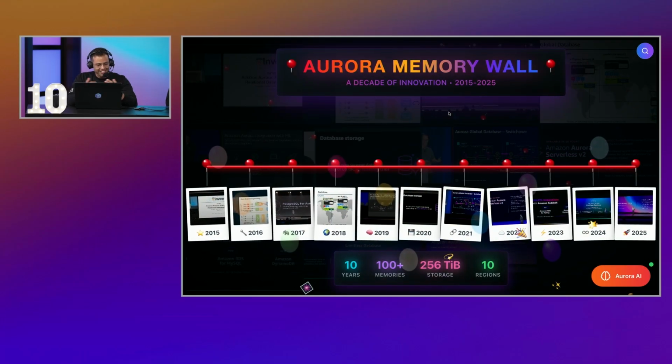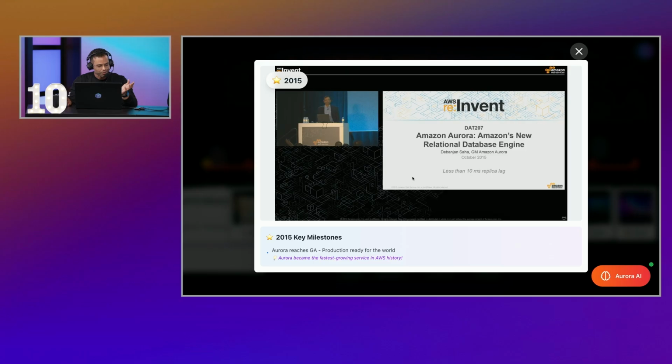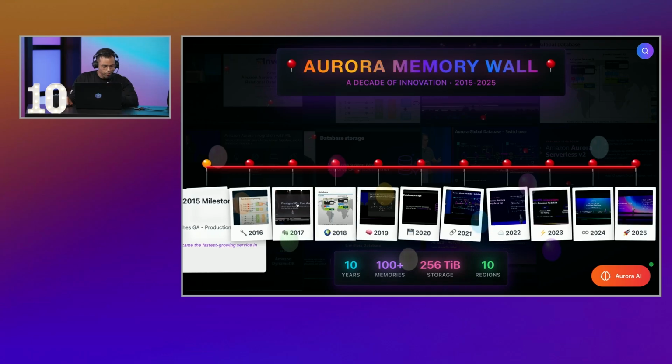So, this is our AI-powered Aurora memory wall. And this actually brings together a lot of what Jonathan just talked about. What you look on your screen is a snapshot of the evolution of pretty much a decade of innovation with Amazon Aurora. Right from 2015, which is where we began, where Aurora MySQL was generally available, all the way to fast forward 2 more years.